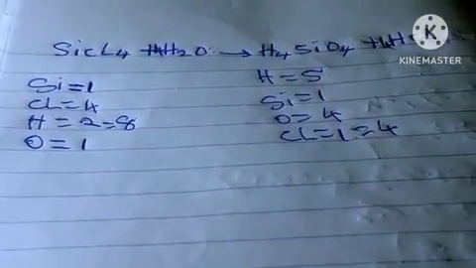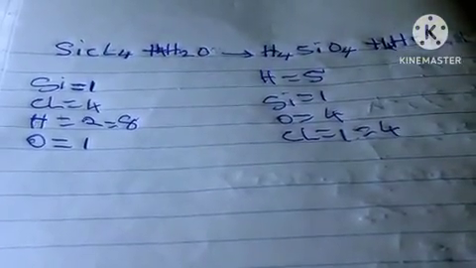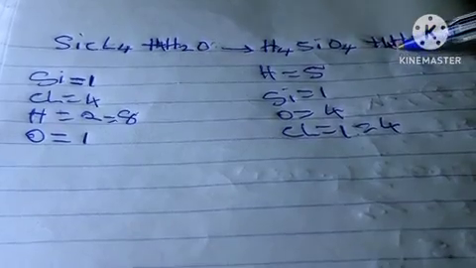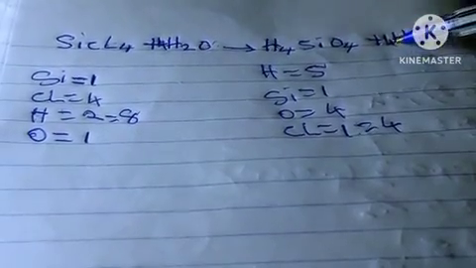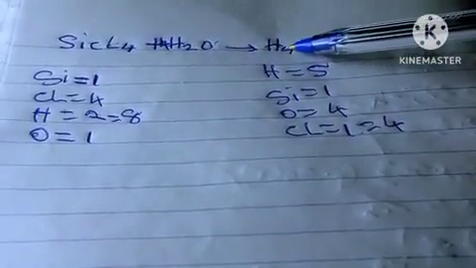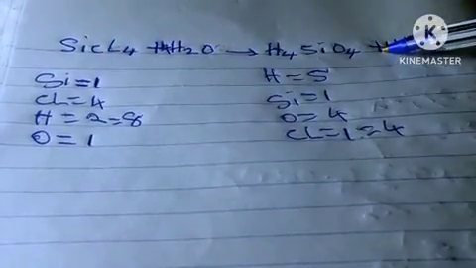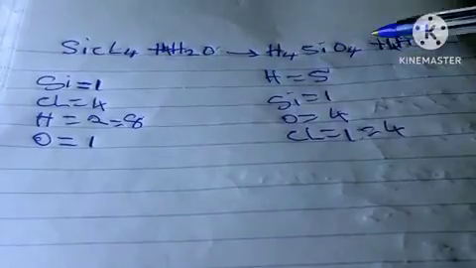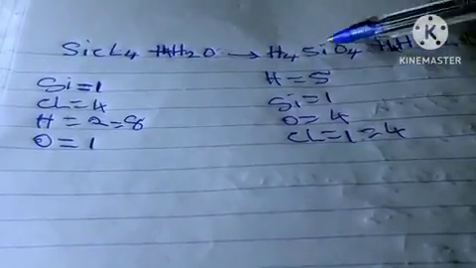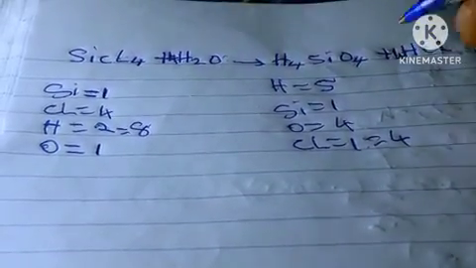So what are we going to do? Look at this place. You know that hydrogen has 4 atoms here, also 4 atoms here, right? So we add the atoms together, not multiplication. It's addition. So 4 plus 4 will give us 8.